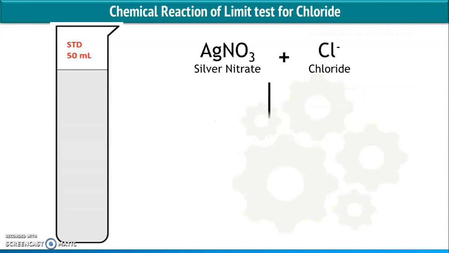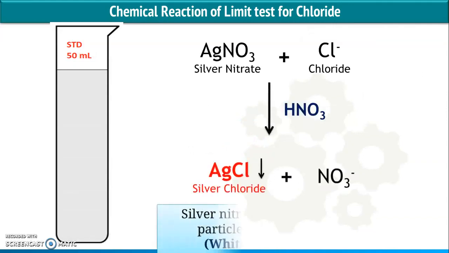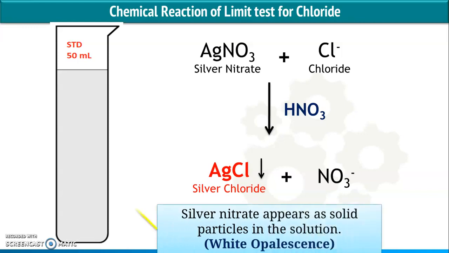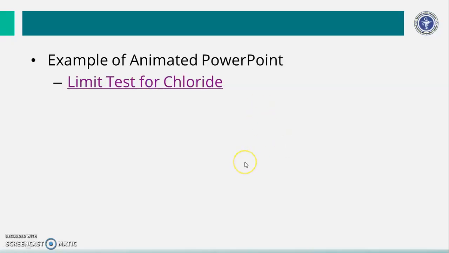Here the chemical reaction as well as graphics are animated, which gives effectiveness to your presentation. So this is an example of how we can use animated PowerPoint for making our classroom or online teaching effective.